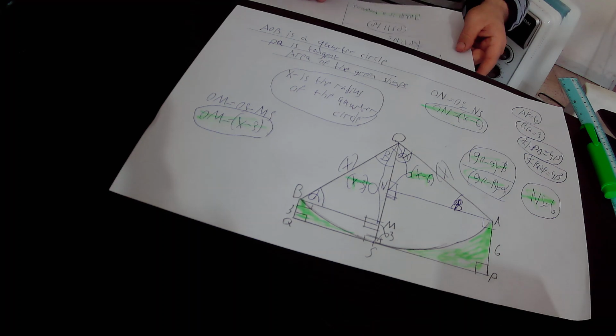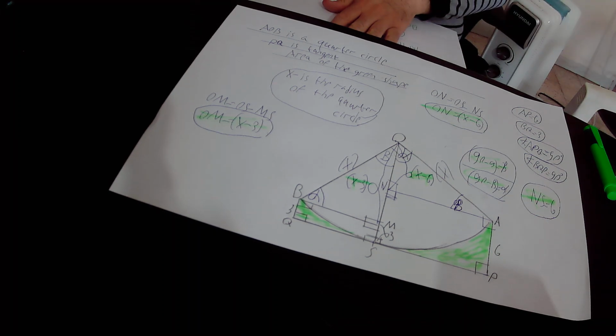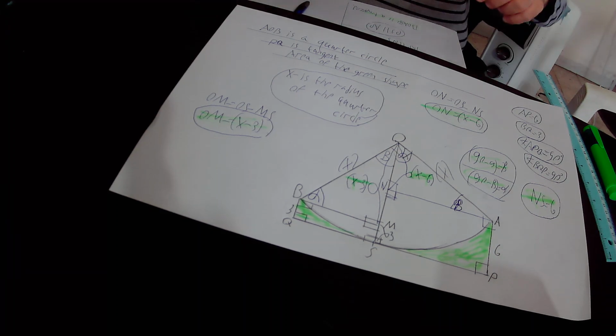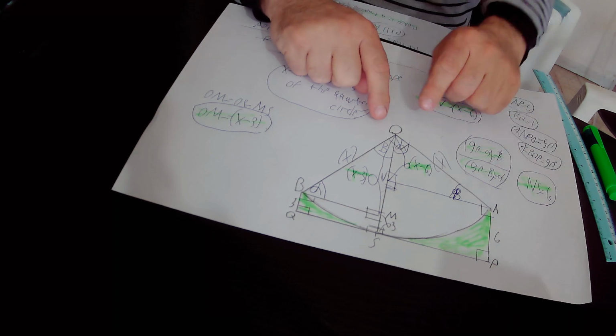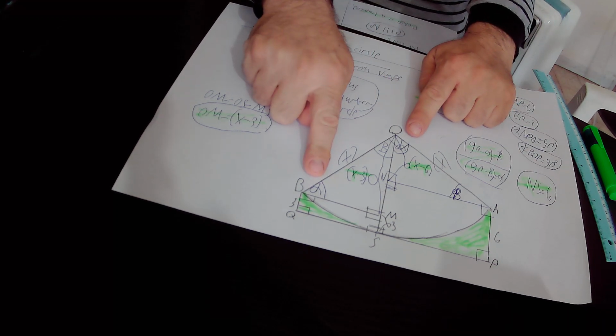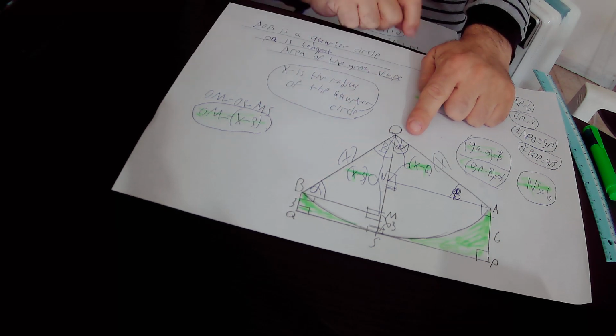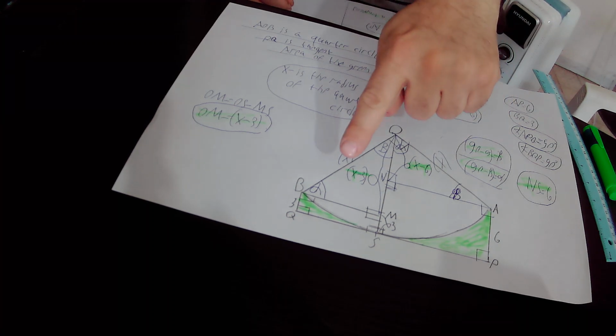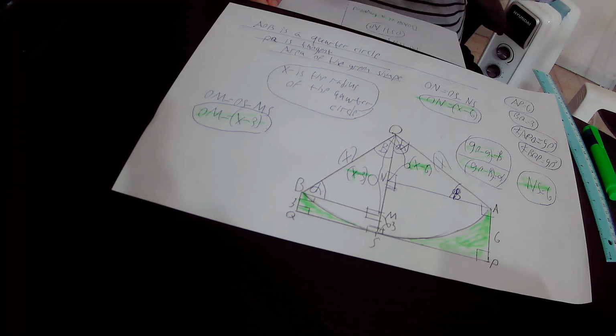In addition, those two angles, they are both equal to alpha, therefore they are equal to each other. So this is angle AON, and is equal to this angle, angle OBM.